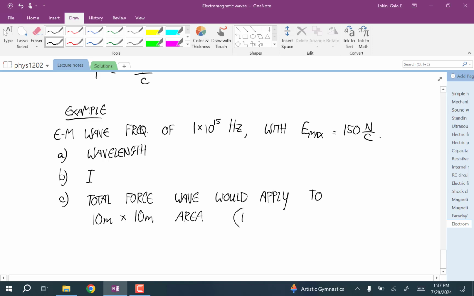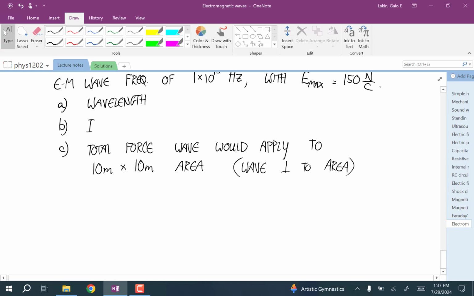So we are assuming that the wave is perpendicular to this area. And then last, can we calculate the maximum value of the magnetic field vector? So we want to calculate Bmax.